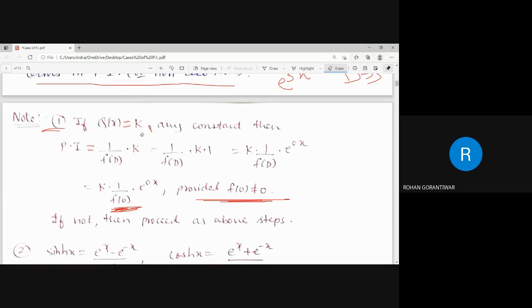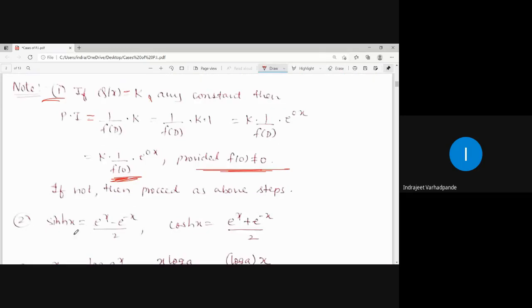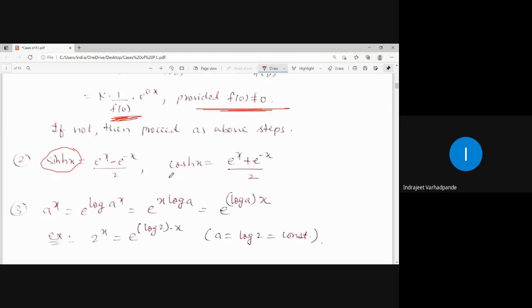Point number 2, hyperbolic equations. Sin hx, what is the definition of sin hx? E to the power x minus e to the power minus x upon 2. I hope all of you are familiar with these hyperbolic terms. And what is the definition of cos hx? E to the power x plus e to the power minus x upon 2.